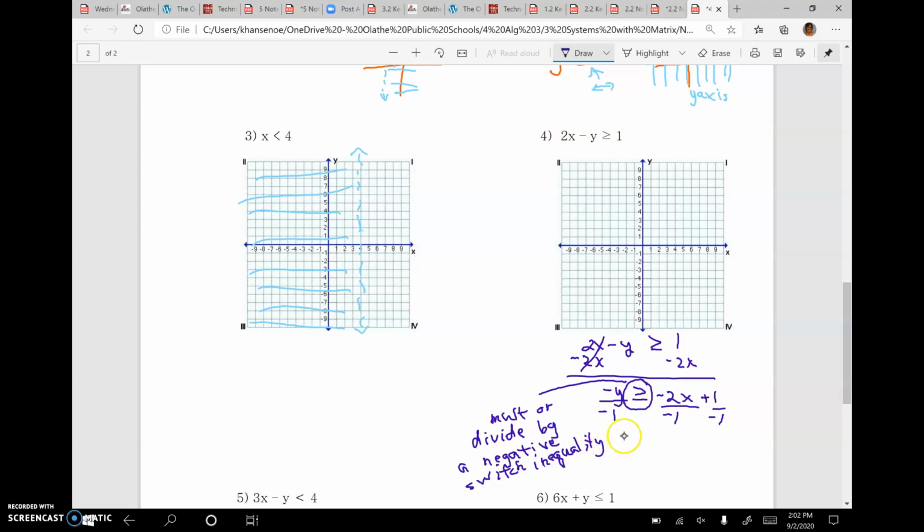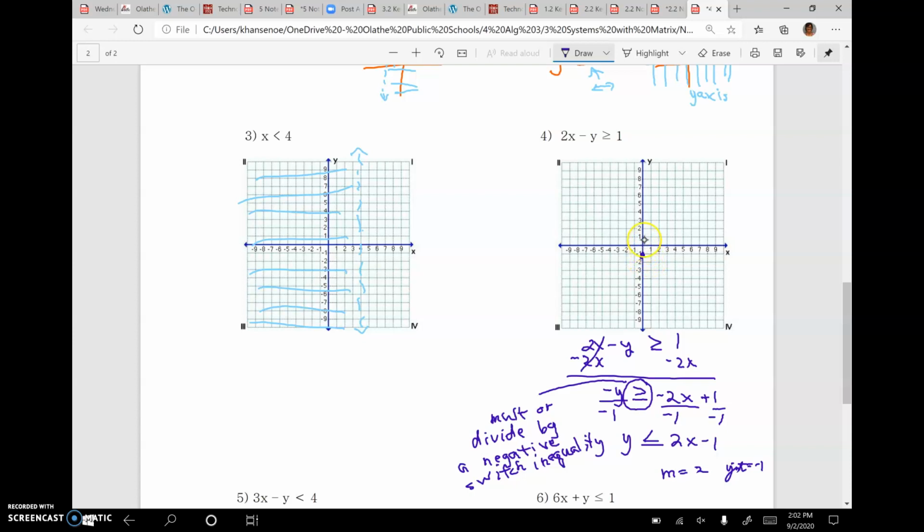So here now I would have y, switch the inequality, 2x minus 1. So my slope is 2, my y-intercept is negative 1. So I'm going to go down to negative 1.